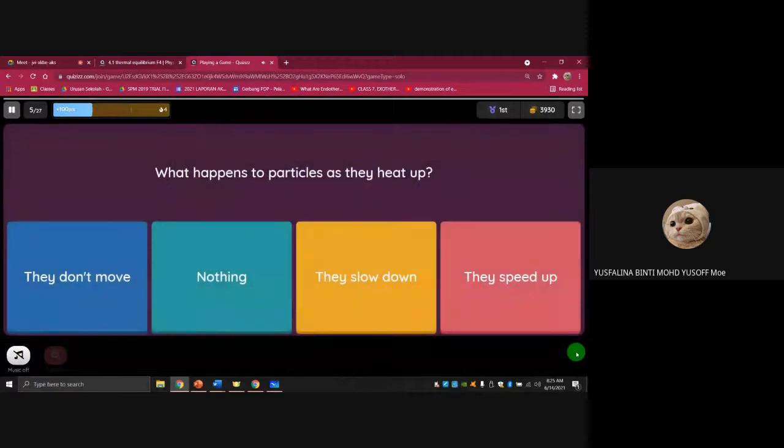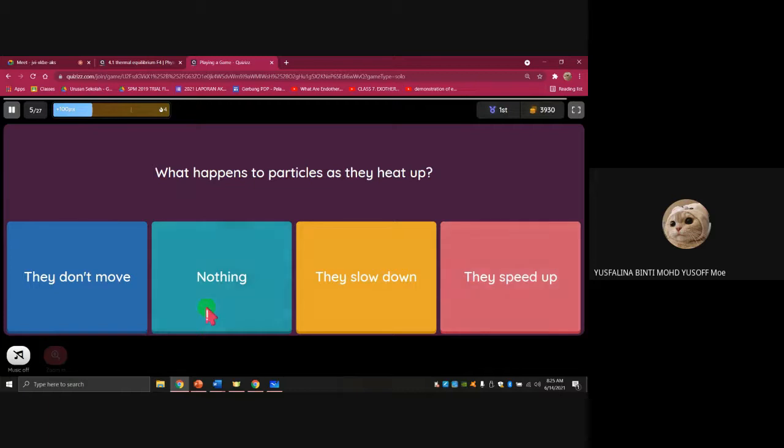Okay, number 5. What happened to the particles when they heat up? Okay, Farah? What happened to the particles when you heat up the particles? Number 3, they slow down.